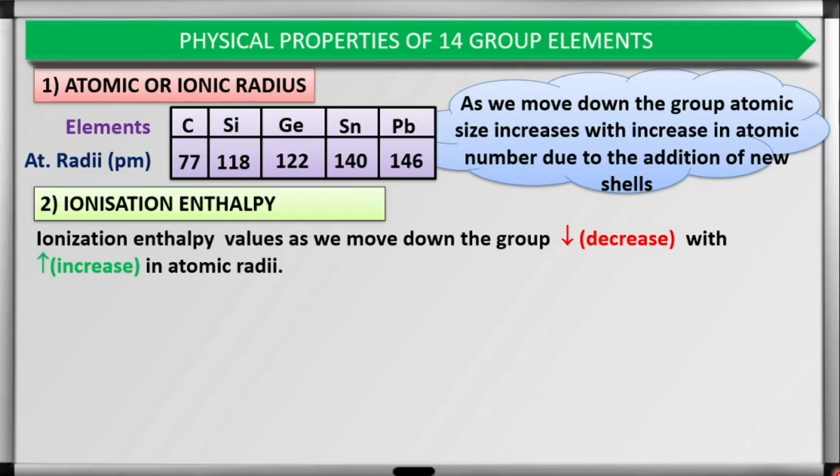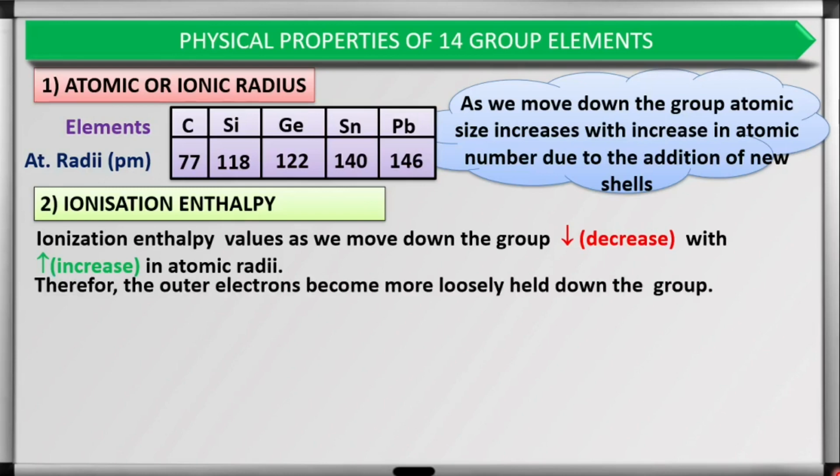Another important point, see, outer electrons become more loosely held down the group. And the next important point, that is the shielding effect or screening effect. Means what? The nucleus is shielded by inner shell electrons, or the inner shell electrons protect the nucleus from the outer electrons or valence shell electrons.